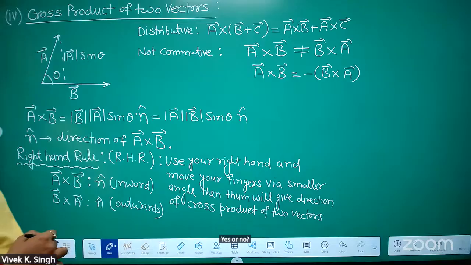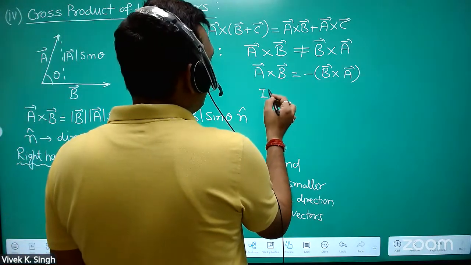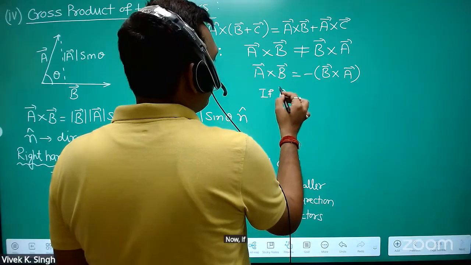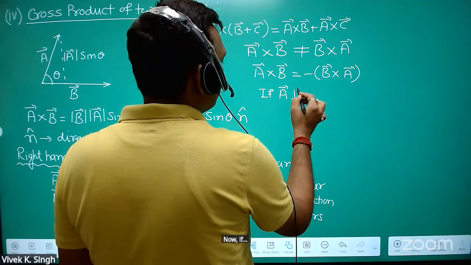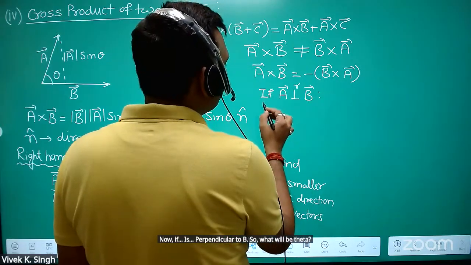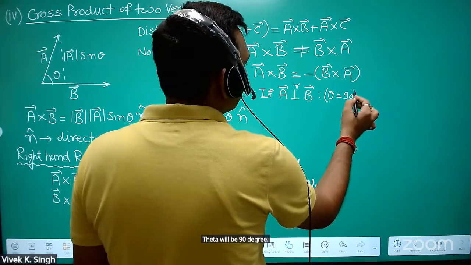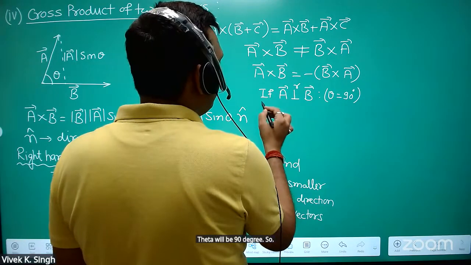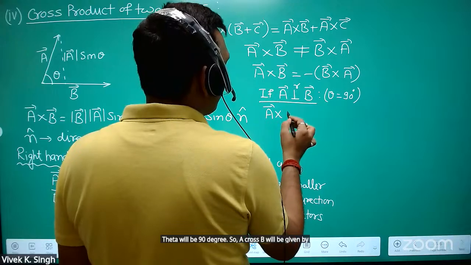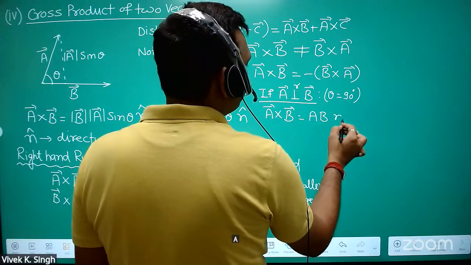Okay? Yes, sir. Now, if A is perpendicular to B, what will be theta? Theta will be 90 degrees. So A cross B will be given by AB n cap.